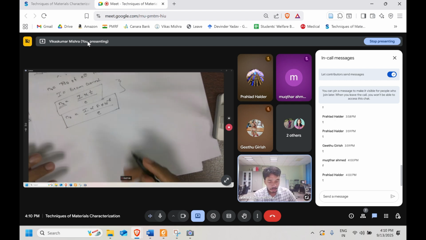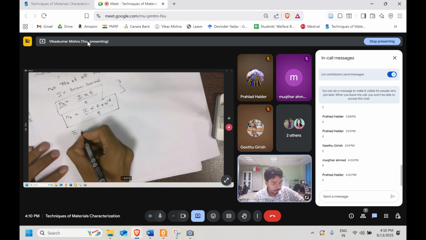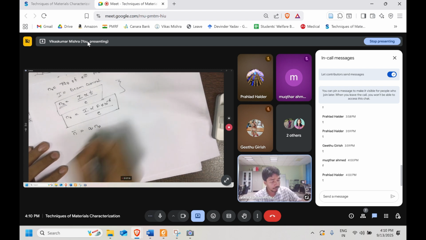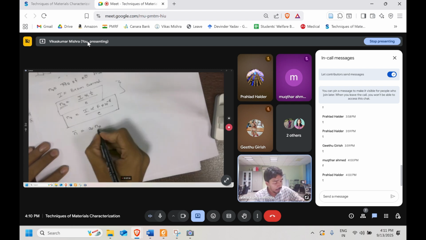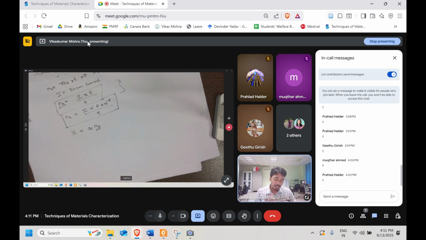Now the number of electrons that has been detected, that is n bar, which we discussed, will be equal to Q times n naught, the number of electrons entered multiplied by the efficiency. Whenever you pass the beam, it is not possible that all of it will diffract out or be scattered and be detected.